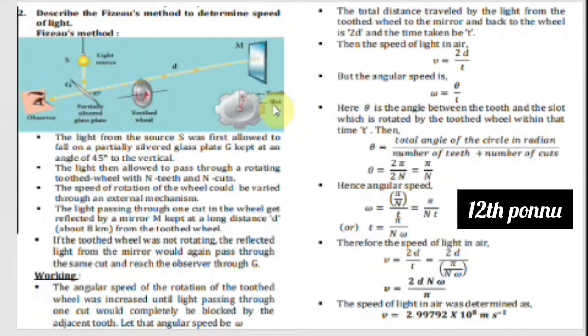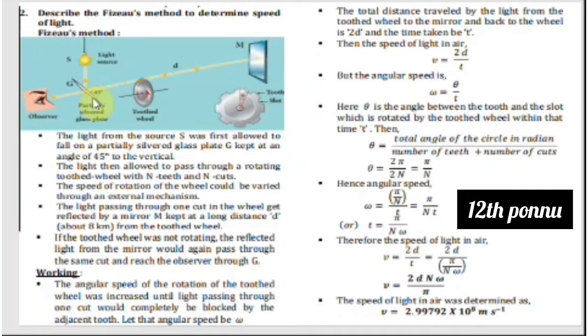Here the light from this source first falls on the partially silvered glass plate. It produces reflection and also refraction. This plate makes an angle of 45 degrees to the vertical.